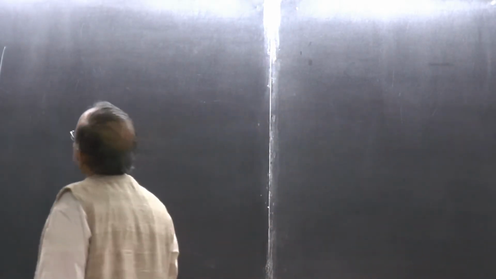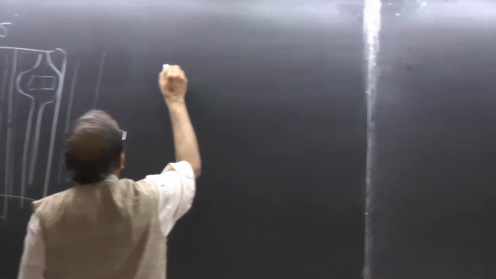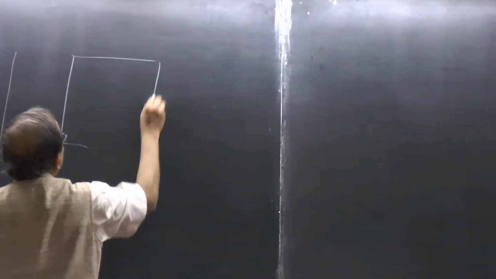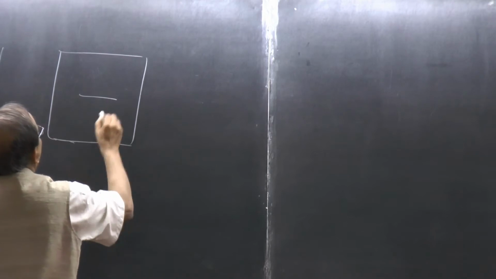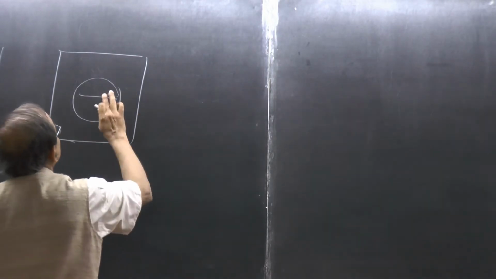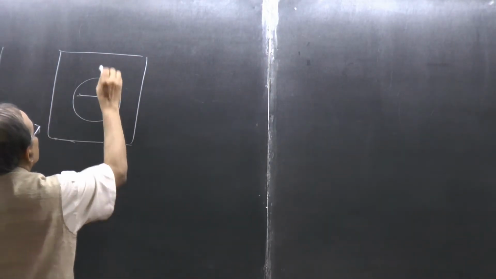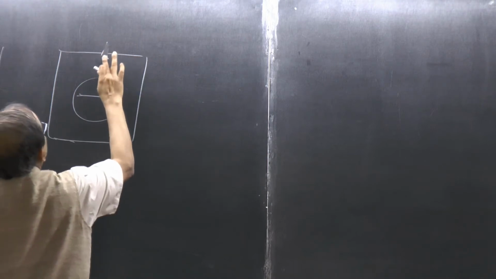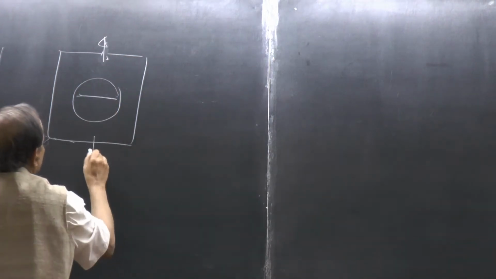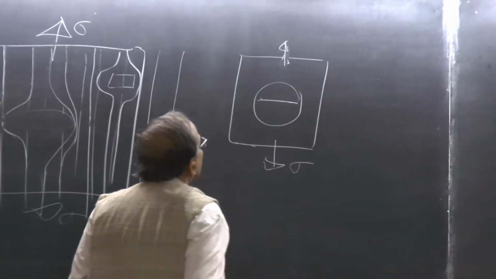So the idea was that, suppose I have a defect, around the defect, this is the same sample I am showing, under stress sigma.